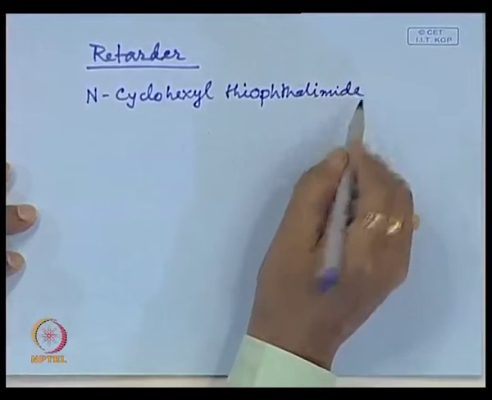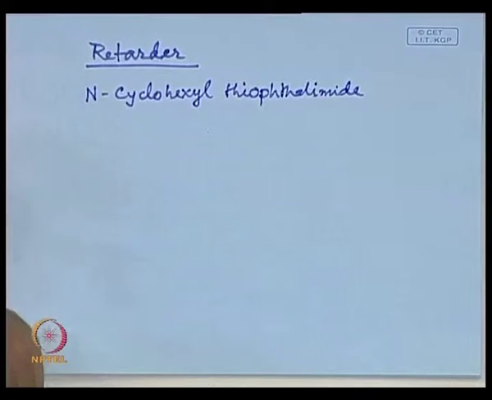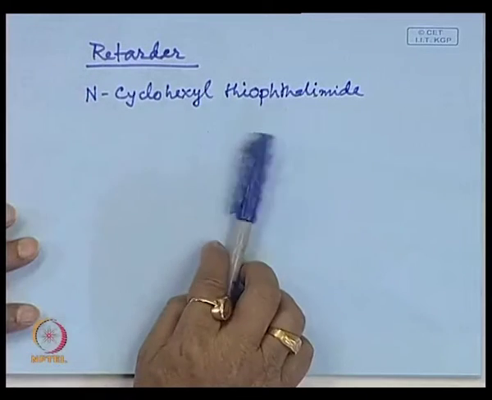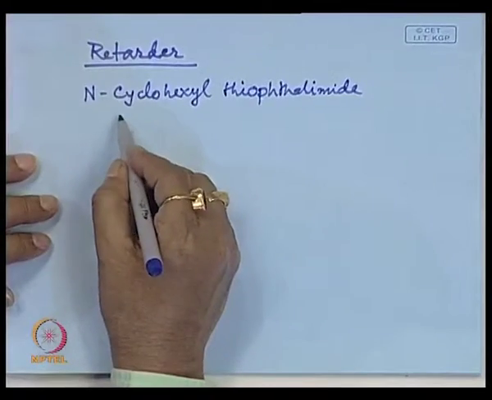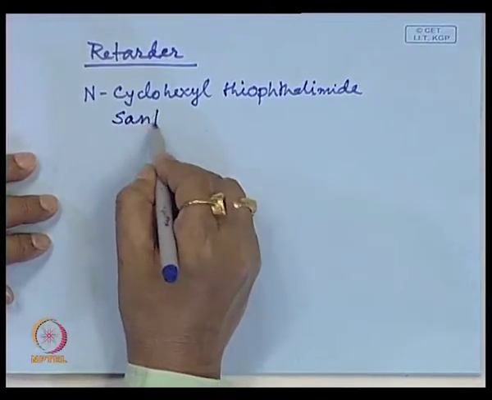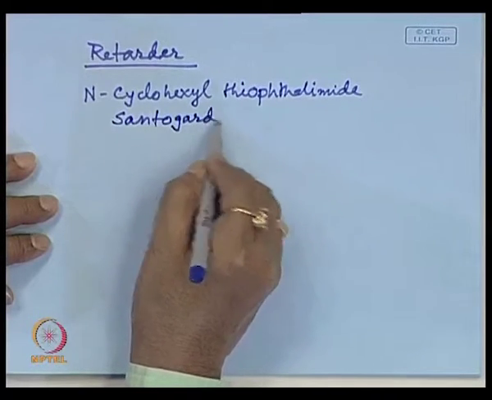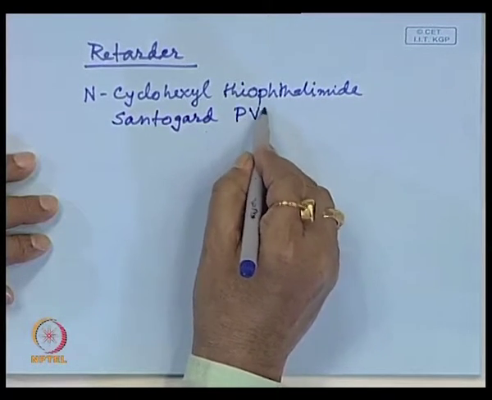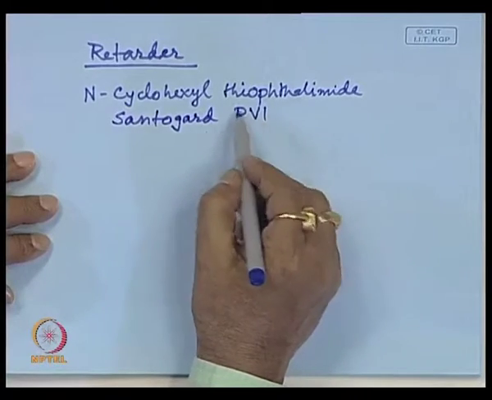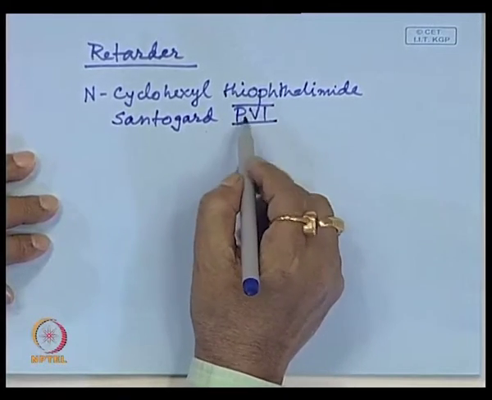This is a compound which is used for retarding the vulcanization reaction, and the trade name is Santogard P6 PVI. You can say PVI or P6.